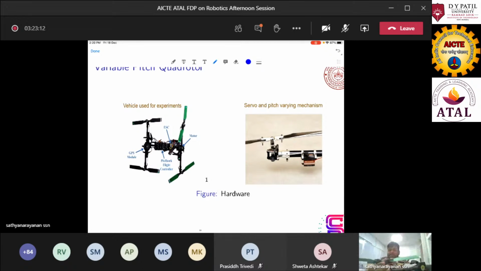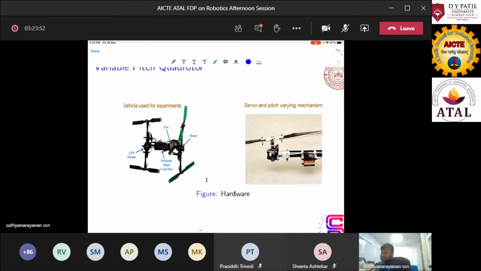So if it is rotating, it pushes the air upward, thereby generating a thrust downward. So the control bandwidth of variable pitch is higher compared to a conventional quad rotor. Another main advantage is that it has only one motor, so you can use an engine type for such types of vehicle.